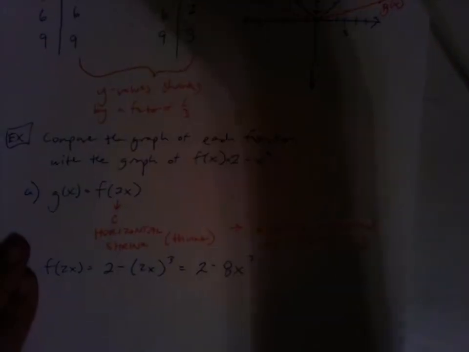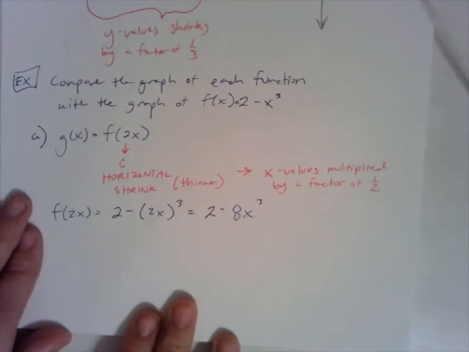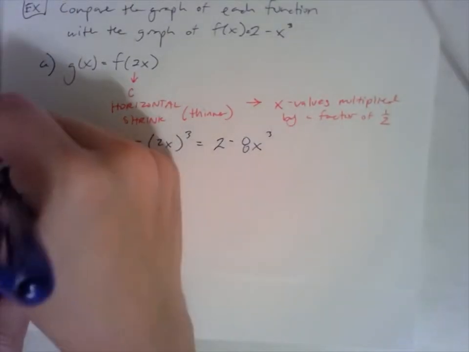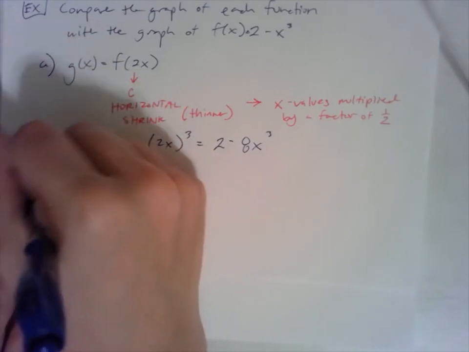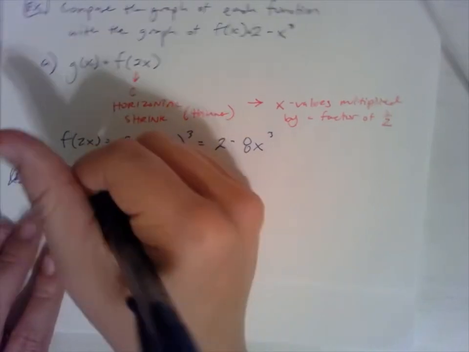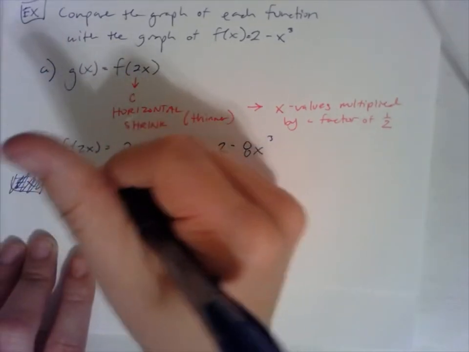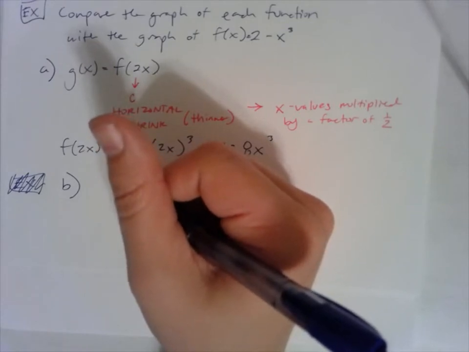Let's do one more. Not a new example, we're just doing part B now. So part B would say g of x now equals f of 1/2 of x.